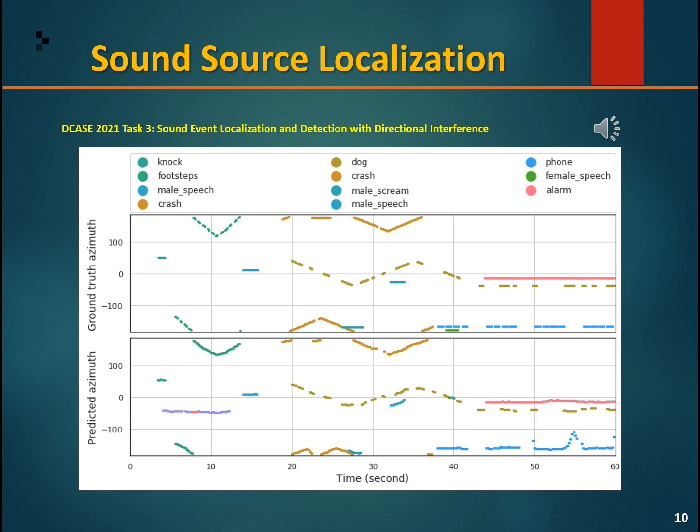Well, if you are wearing headphones, you probably have heard how these sounds were coming from different directions, and this visualization over here actually shows the ground truth azimuth and the predicted azimuth using their proposed method.